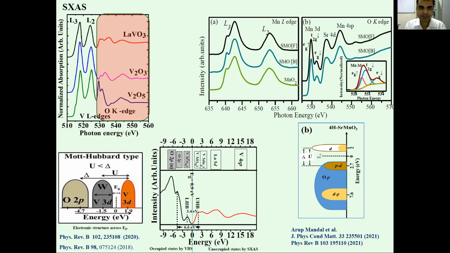Here is one example of lanthanum vanadate, which in the bulk compound was supposed to be intermediate between a Mott-Hubbard type insulator and a charge transfer type insulator. I'm not going into that kind of material. Please remember, insulators can be categorized into different types. One that we generally know has a good band gap between the valence band and the conduction band. That type of material is called a band gap insulator.